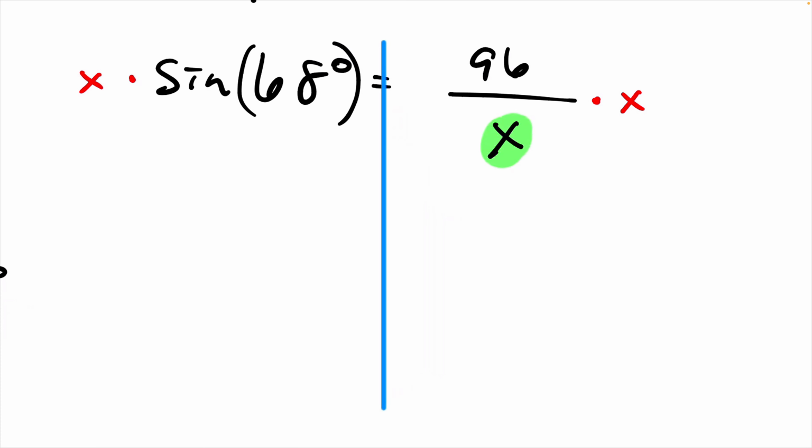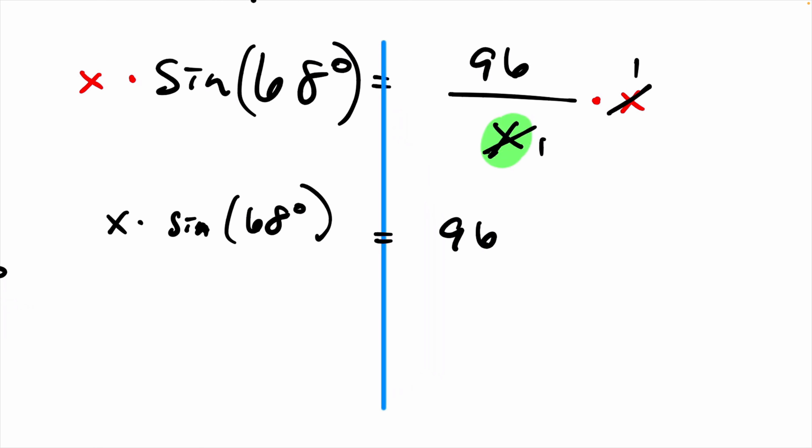When I do that, x divided by x makes 1, right? We've done that before. So I get 96 by itself over here. And then I have x times sine of 68 degrees. Now x is over here, right? Because I multiplied it on both sides.